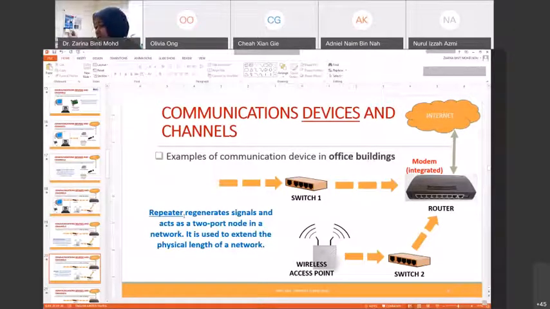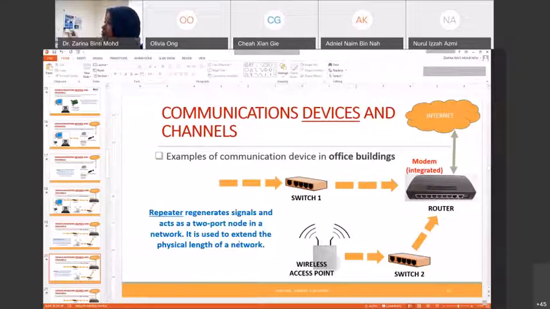Because the function is to regenerate signals and act as a two-port node in a network, it will just regenerate the signal that comes into one of its ports and pass it to the other port in the device. So that is the function of a repeater. The use is to extend the physical length of a network, because when data travels through a wire or cable, at some point the signal will become weak.